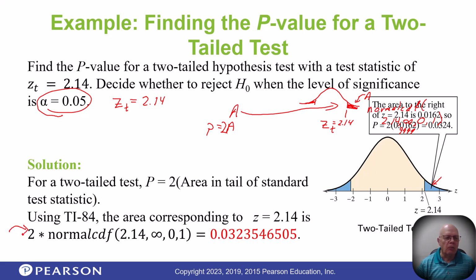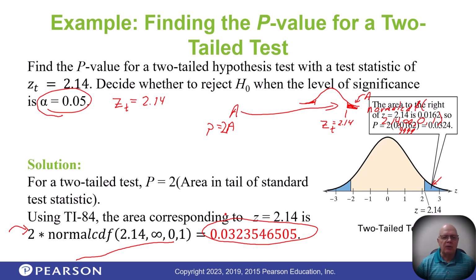We know we're going to multiply by 2 because it's a two-tailed test, so 2 times. And then you can go to normal CDF, and it won't harm the 2. The 2 will stay there. Put in your parameters for normal CDF, and this is the p-value after we multiplied the area by 2.